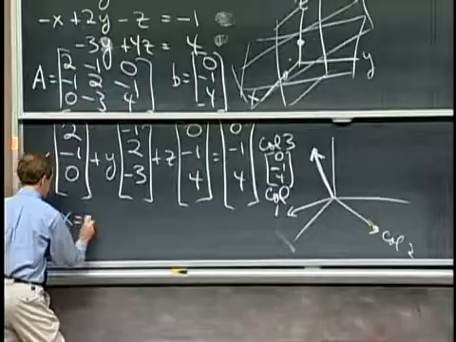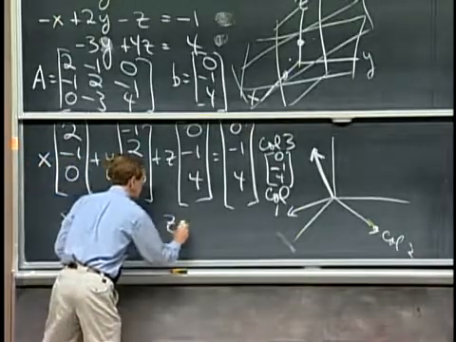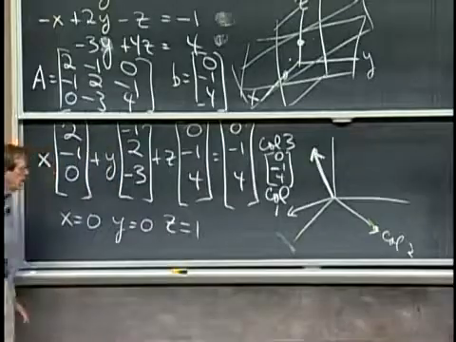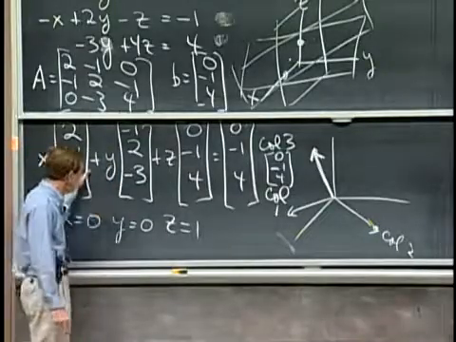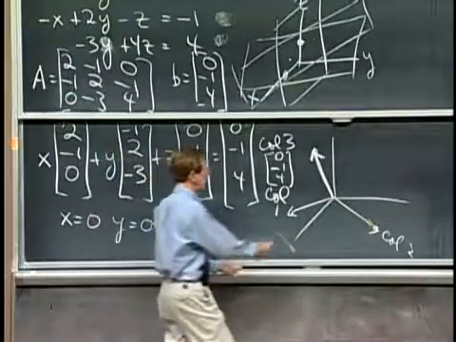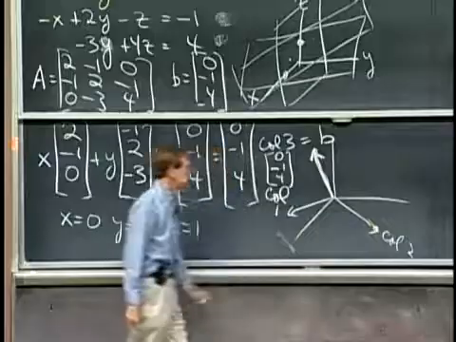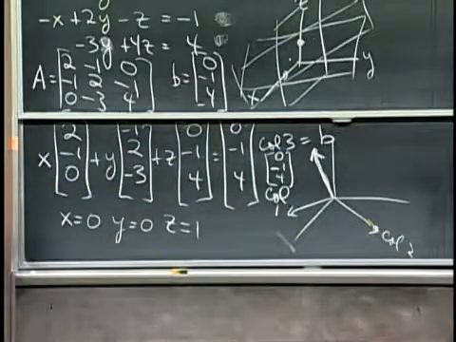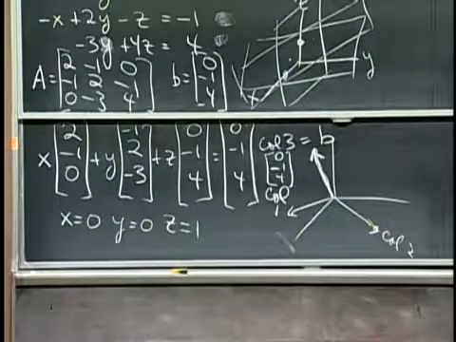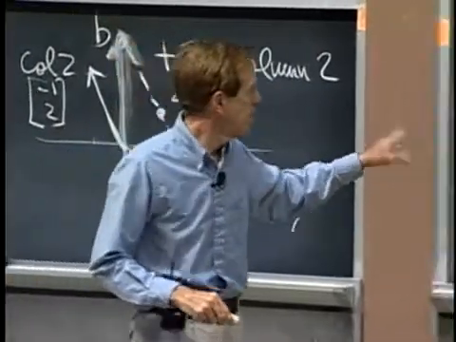So x should be 0, y should be 0, and z should be 1. That's the combination. None of that, none of that. One of those is obviously the right one. So this column 3 is actually the same as B in this particular problem. I made it work that way just so we would get an answer, 0, 0, 1.